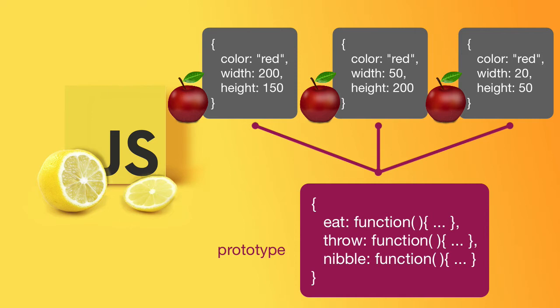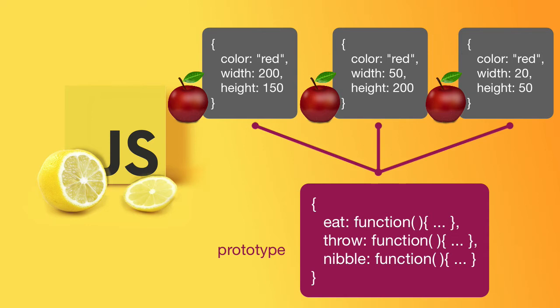So now my apples potentially could have different properties. They could be different apples, essentially, different sizes, different colors, different shapes. It doesn't matter. But what they all have in common is the shared object. And the shared object has all of the methods, the functions that we can run on each one of those apples or those apple objects.